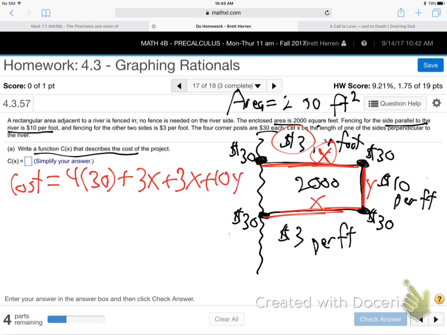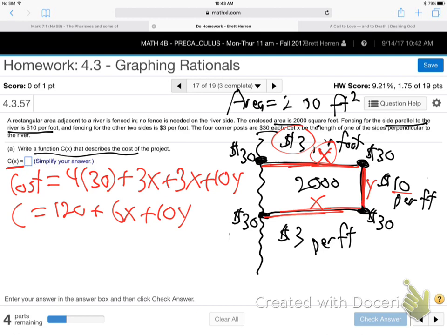It's Y long, $10 per foot. Good for the cost function so far? Yeah, that fits. Let's simplify it. 120 plus 6X plus 10Y. But notice what they say. C of X, they don't want Y. We did this before with distance ones in the last test.